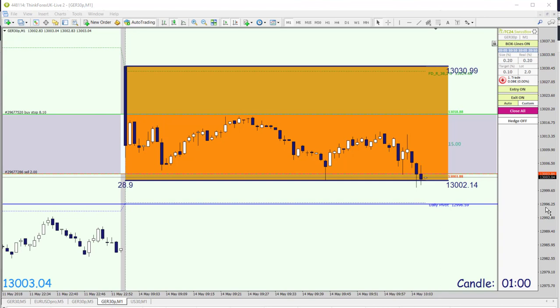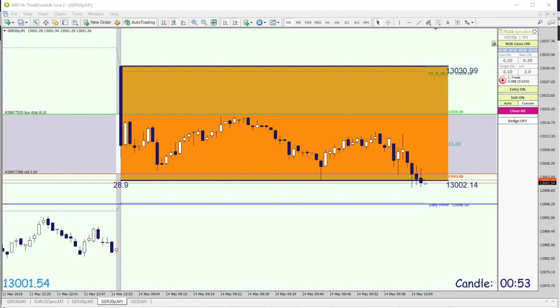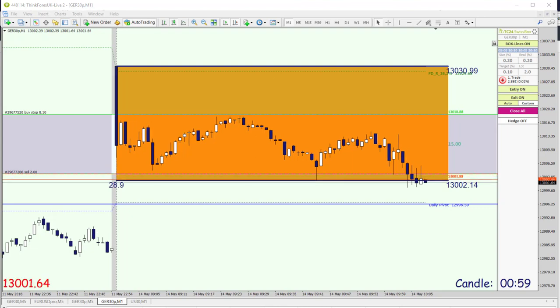And as always with these big numbers, there's some resistance over there. So still bouncing around that big number.